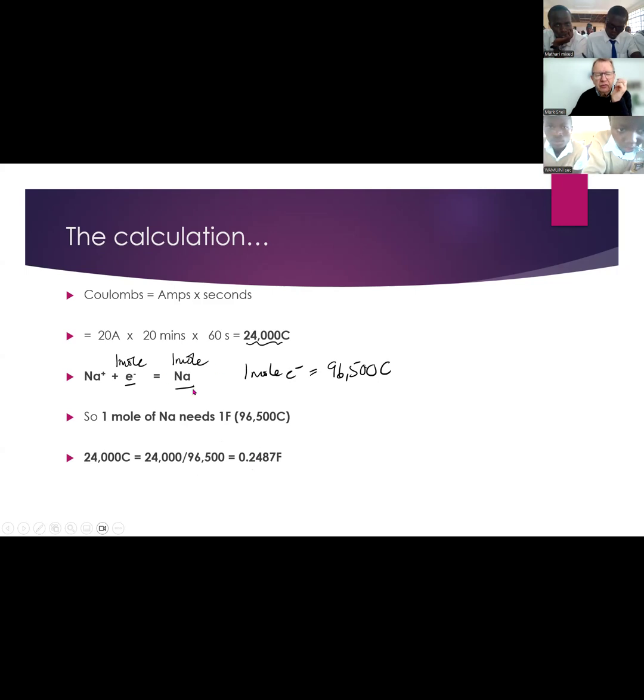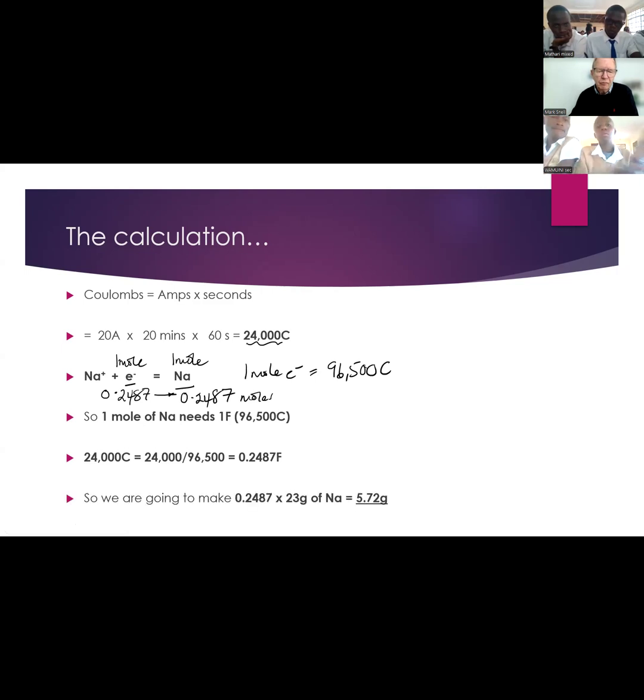Well, if I have 0.2487 moles of electrons, look at the equation, 0.2487 will give 0.2487 moles of sodium. But not grams, that's moles. So the last step is to say, okay, the sodium must be 0.2487 times 23, which is the RAM, and that's the answer.